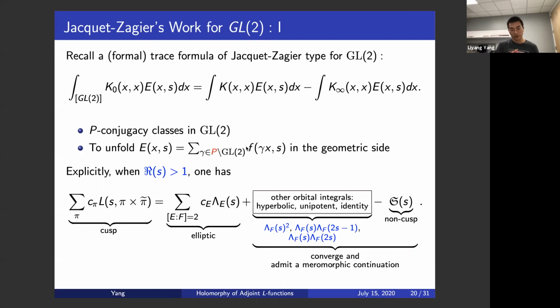Eventually, there will be some convergence issues, but when the real part of s is large enough, you have these expressions. On the left-hand side, you have a bunch of Rankin-Selberg functions.